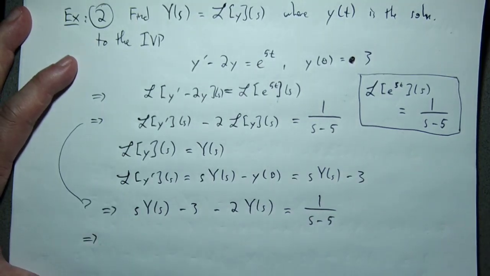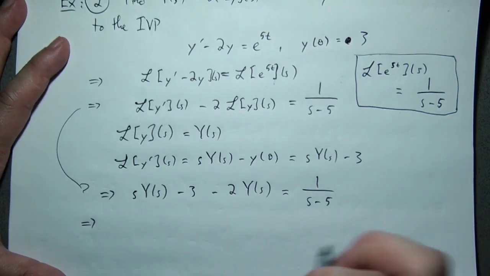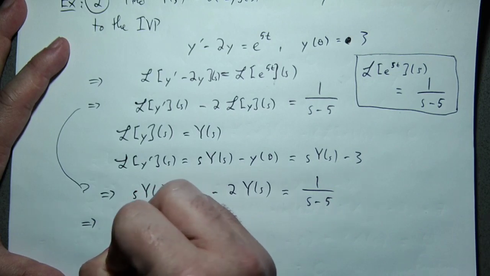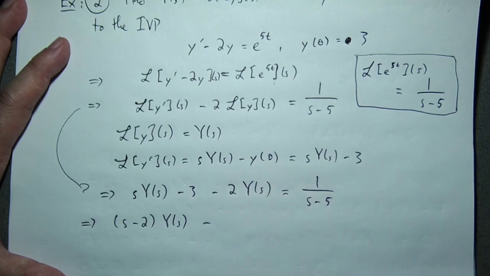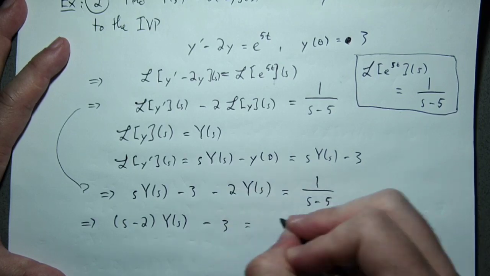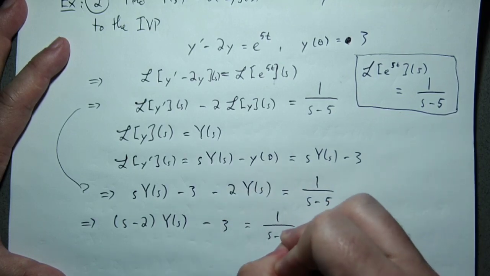Continuing on, isolating my terms that involve big Y of s, I have s minus 2 times big Y of s minus 3 is equal to 1 over s minus 5.